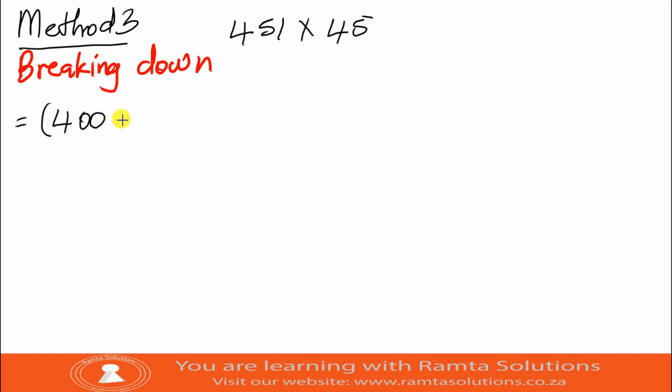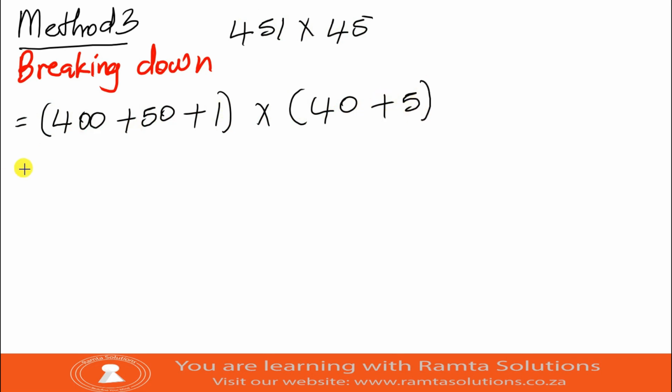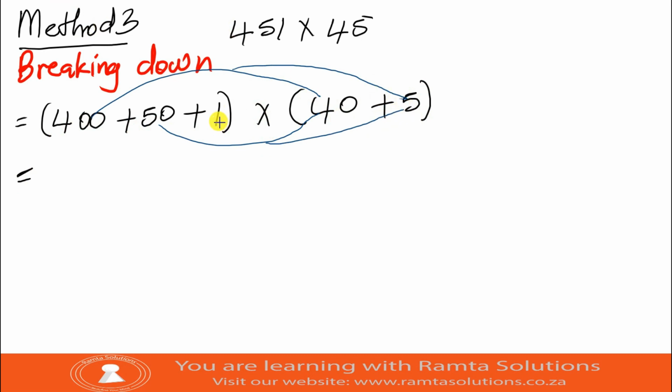It's 400 plus 50 plus 1 multiplied by 40 plus 5. Okay? So what you're going to do now, I'm going to show you how we do it. And then I know that for this one, I have to change the color. Right, this is what we should do.